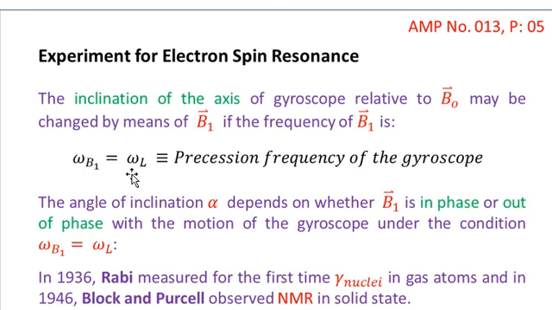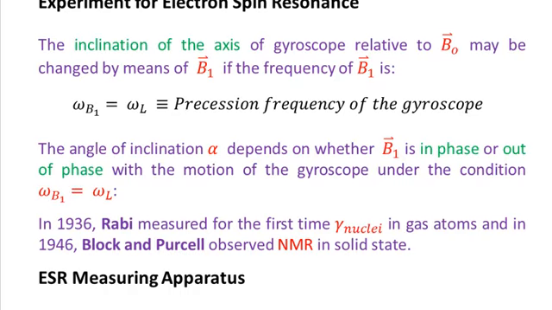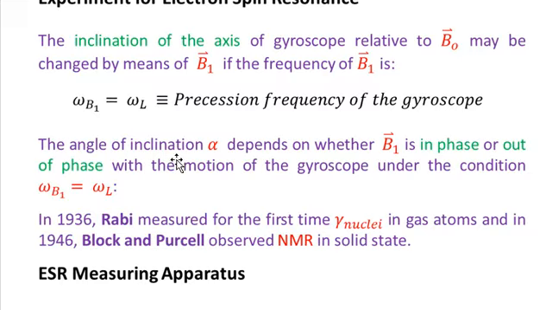So if this condition is satisfied, our B1 field is able to change the value of angle alpha. The angle of inclination alpha depends on whether B1 is in phase or out of phase with the motion of the gyroscope under this condition.